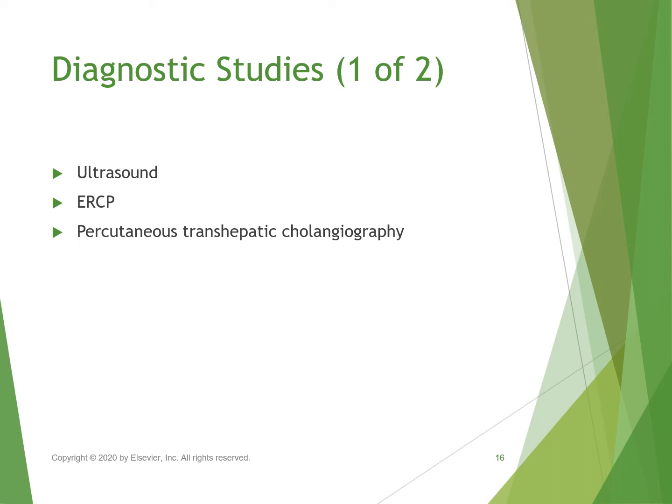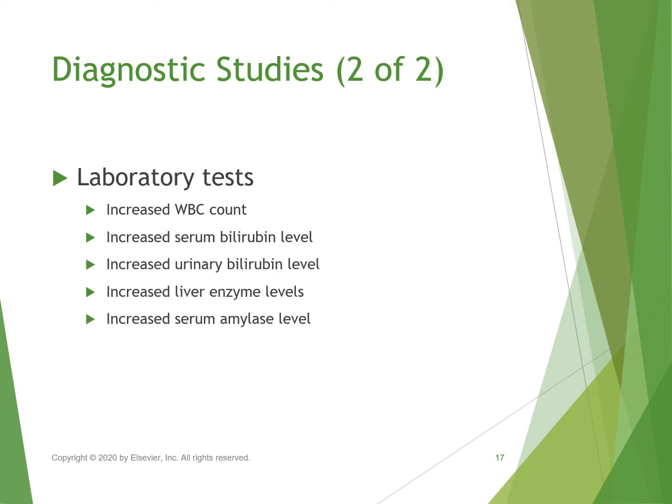But again, ultrasound is usually our first line for diagnosis. We would also want to obtain some lab results. You can usually expect elevated white blood cell count, maybe increased levels of bilirubin, alterations or increased levels of the liver enzymes, or maybe even serum amylase.